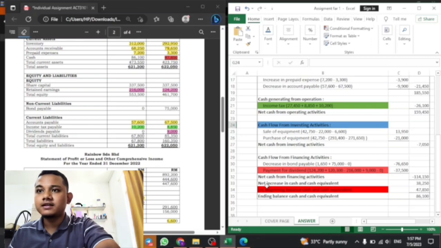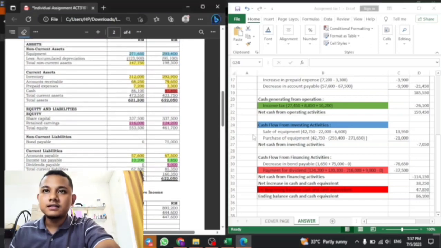I can get net increase in cash and cash equivalent, which is RM38,250, and we add it to the beginning balance of cash and cash equivalent, which is 47,850.